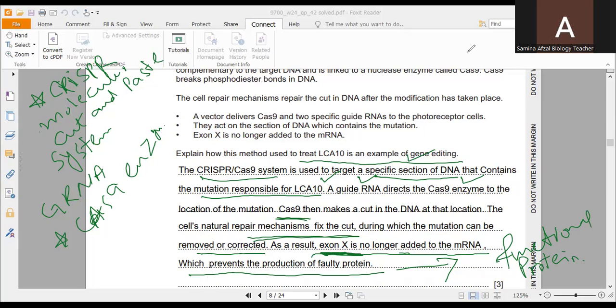So we can say that CRISPR Cas9 provides a way to directly edit the faulty gene in the patient's cells, offering the potential for a more permanent therapeutic effect compared to other approaches like RNA-based therapies that might require repeated administration. So it was all about this. You can follow the answer.